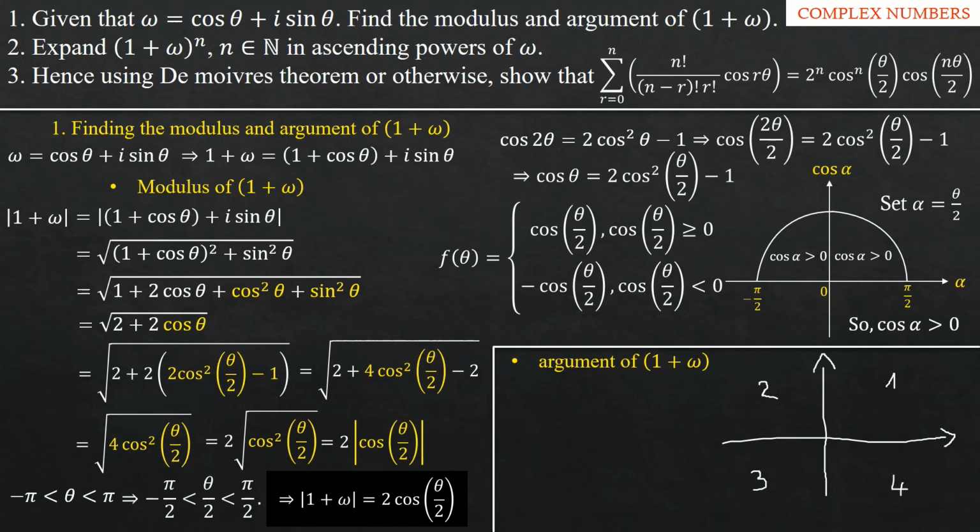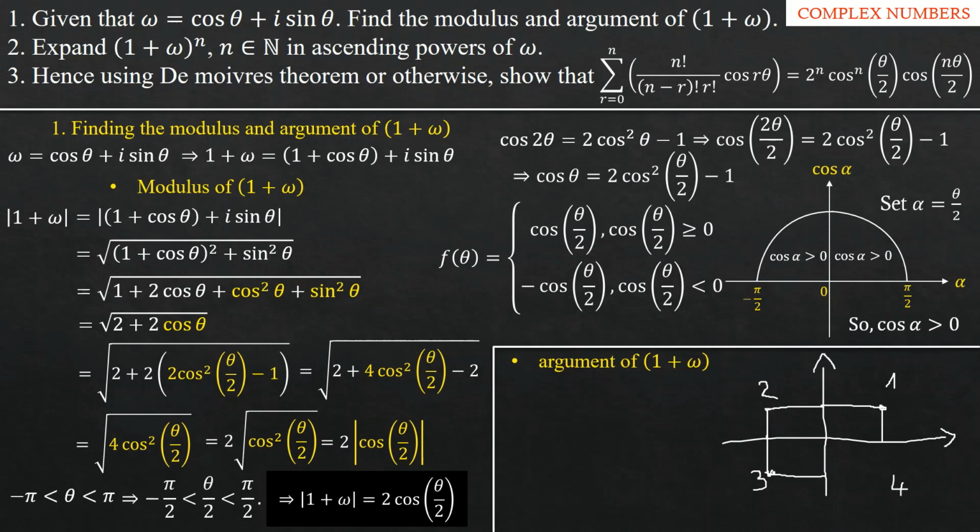Any point on the first quadrant, the y coordinate, which is the imaginary part, is positive, and the x coordinate is also positive. Now if I am in this quadrant here, then my y coordinate is still positive, but my x coordinate is now negative. If I am in this quadrant, you see that my x coordinate is negative, and my y coordinate is also negative. So in the third quadrant, both real and imaginary coordinates are negative.